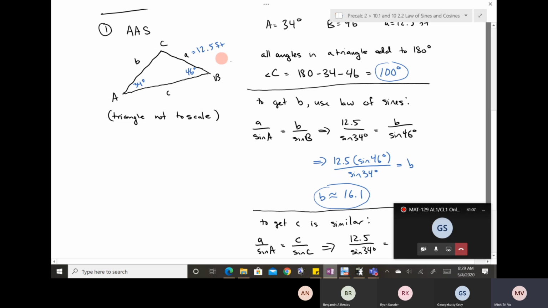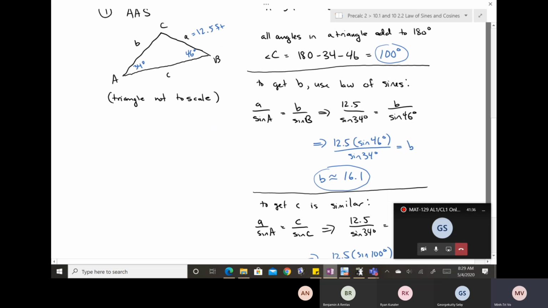A is 12 and a half, angle A is 34 degrees, and angle B is 46 degrees. We set up the equation, and now side B is the unknown. To get side B by itself, I need to multiply by sine 46 degrees over to the left side. This is what I've done here, and the rest is just a calculation.